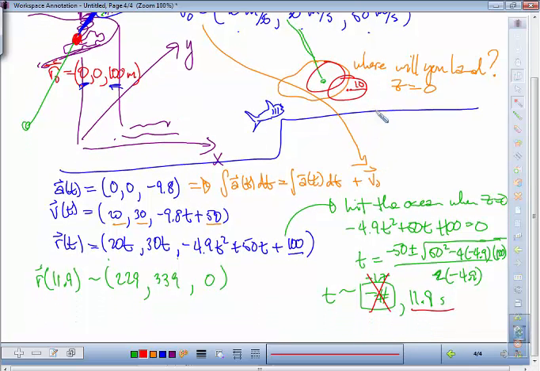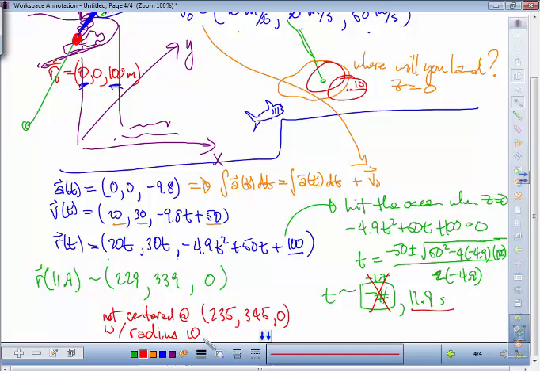So let me say it's a net centered at, maybe I want to say, 235 and 345, with radius 10.